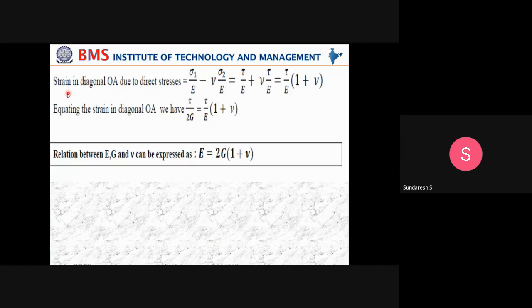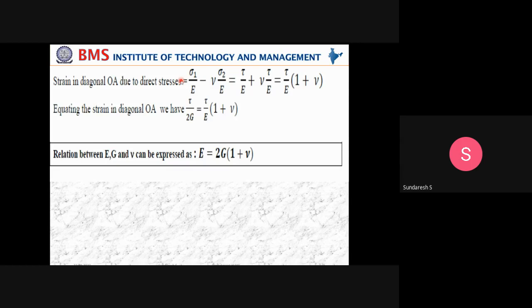Strain along OA due to direct stresses, please understand, is equal to sigma 1 divided by E minus mu into sigma 2 divided by E. This expression is obtained by using the generalized Hooke's law. Yesterday, I discussed the generalized Hooke's law for a block subjected to three mutually perpendicular stresses.